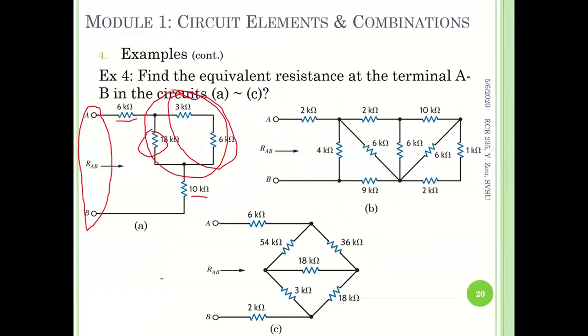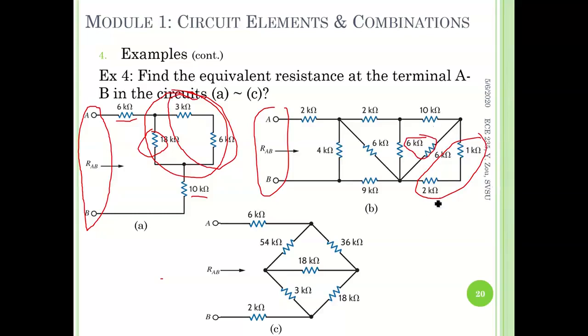And to go back to the circuit B here, again, we follow the order of from the end of the circuit to the beginning of the circuit, and the end of circuit is obviously here. Another clear series connection between 1K and 2K. After this, you can see a clear parallel between this 6K and this 1K, 2K.